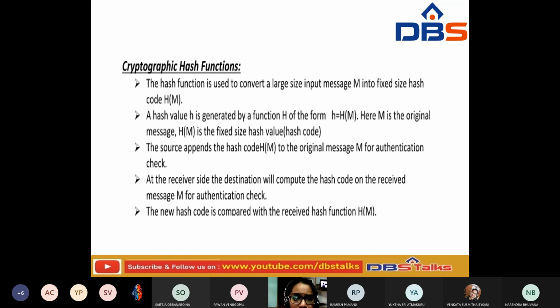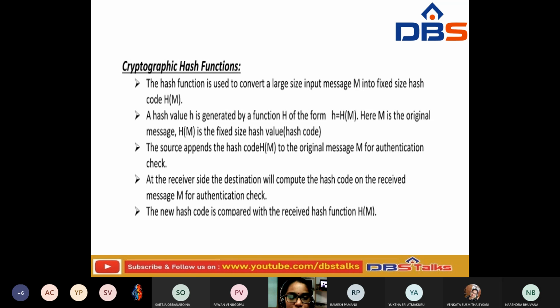The source appends this hash code to the original message for authentication, and we are going to check that particular message.